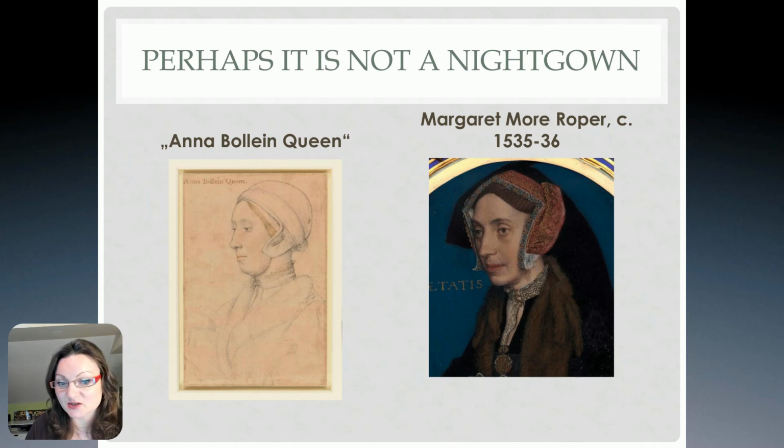Now, the sitter in this Anne Boleyn Queen drawing wears rather similar clothes. She's wearing a coif on her head, but coifs were usually worn under English gable hoods. So perhaps if there exists an original painting of this, the clothes would have looked much similar to what we see in Margaret Roper's miniature. I think it's highly likely.